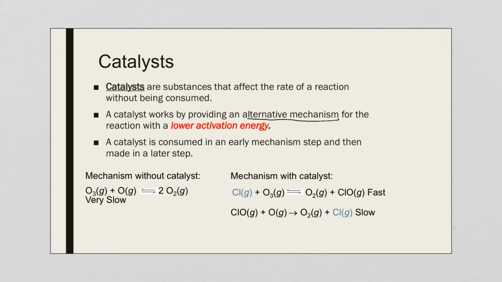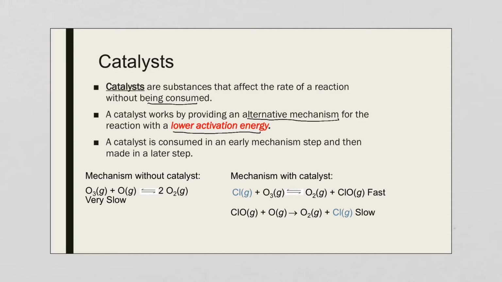So they actually change the mechanism that the reaction operates by, and they provide an alternative mechanism that has a lower activation energy. So catalysts speed up a reaction by lowering the activation energy by changing the mechanism that the reaction occurs by.